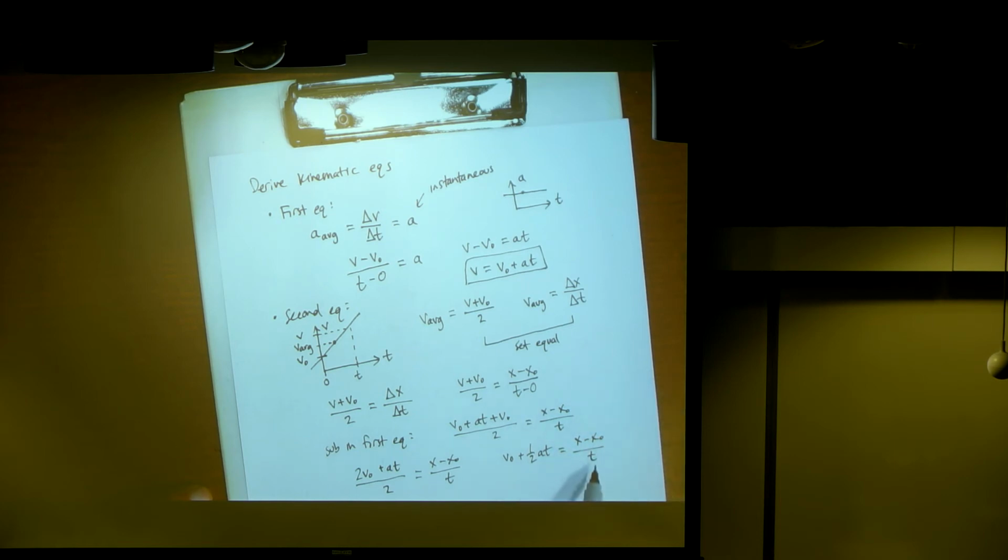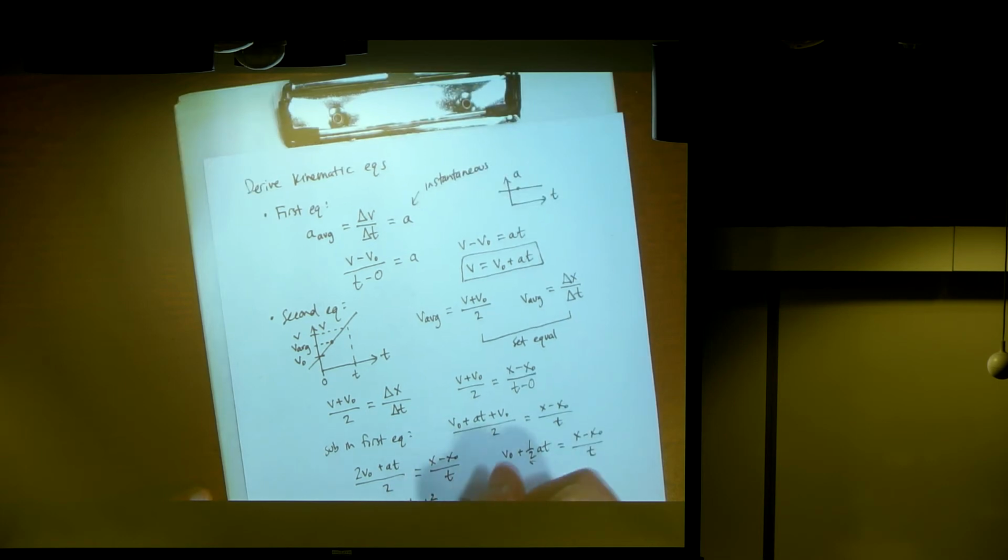Next thing I'll do is just put this t, which is on the bottom on the right side, and throw it over here. Just multiply through by that t. So what do I have? I have v naught times t, and then what does this term become? When I put the t on this side, it's half at squared. That equals x minus x naught.